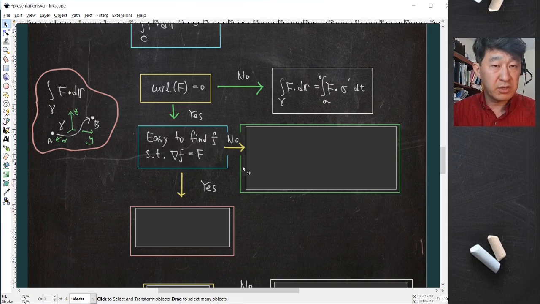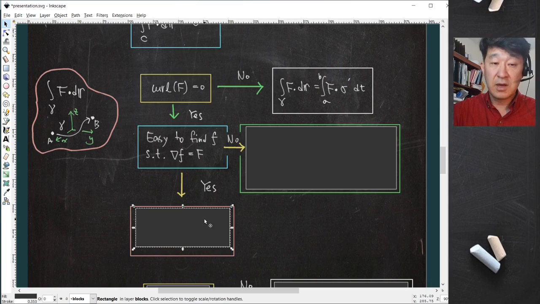Now if the curl is 0, you can think about finding the potential function once again. This involves a lot more calculation. It's not just about x and y separately, and x and y are mingled together. So I find that a far harder partial differential equation is involved in here.